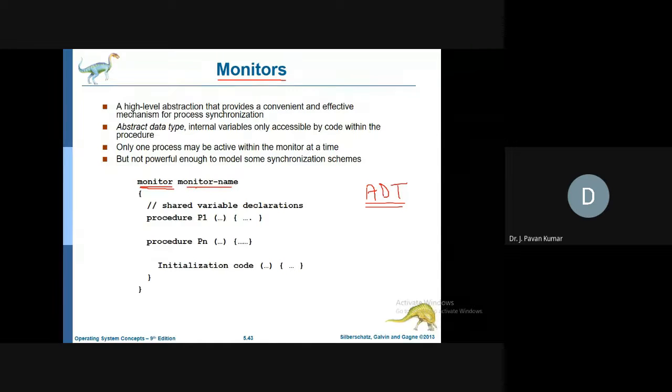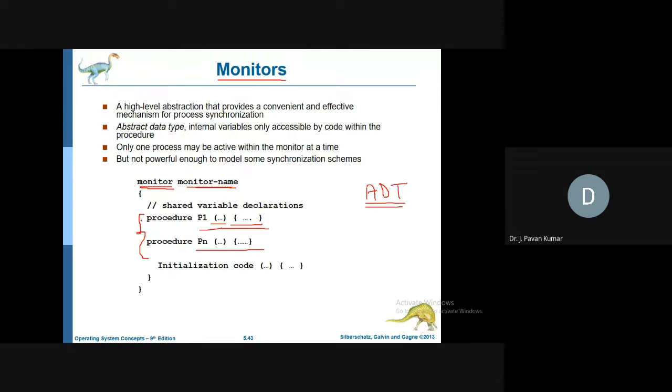We can give it a name, and it will have a list of procedures, like procedure P1 with its parameters and body, then P2 with its formal parameters and body, and so on.